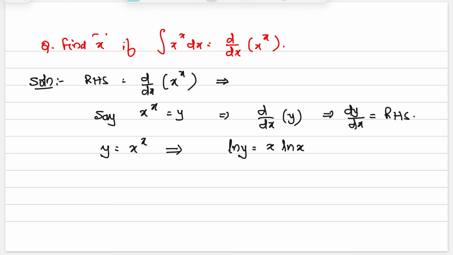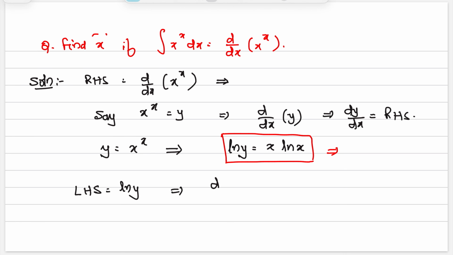Now, by differentiating with respect to x on both sides, what is the left hand side going to yield? In this equation, I am not talking about the main equation. In this equation, left hand side is ln y.